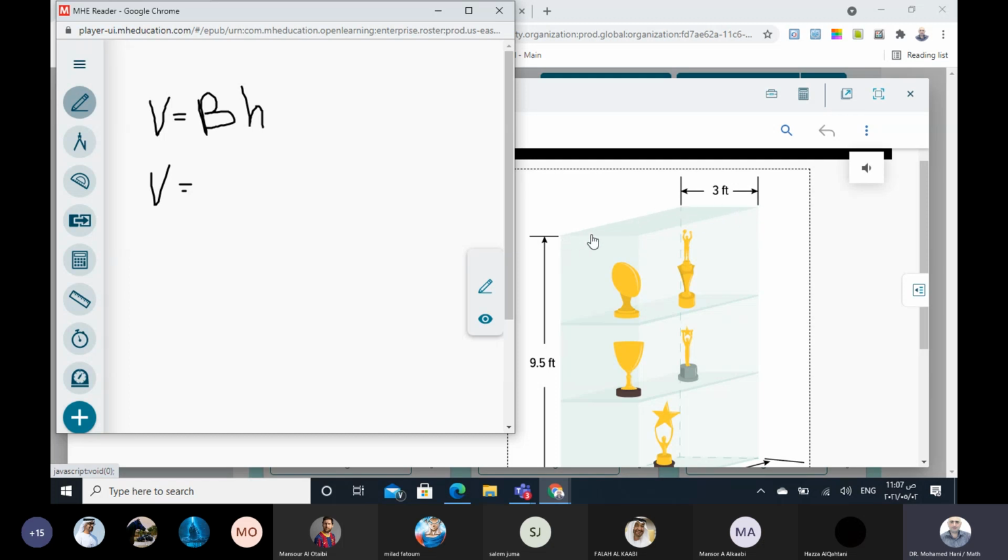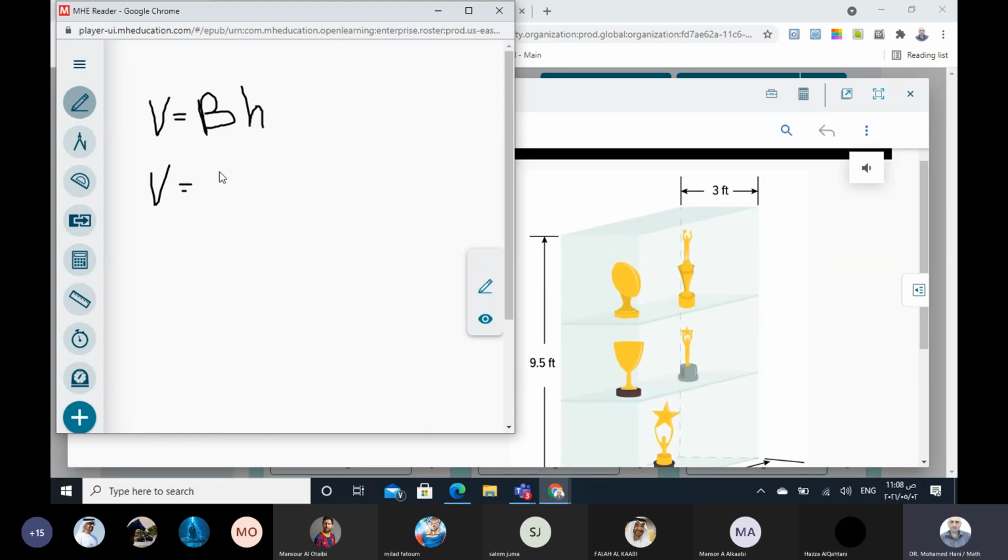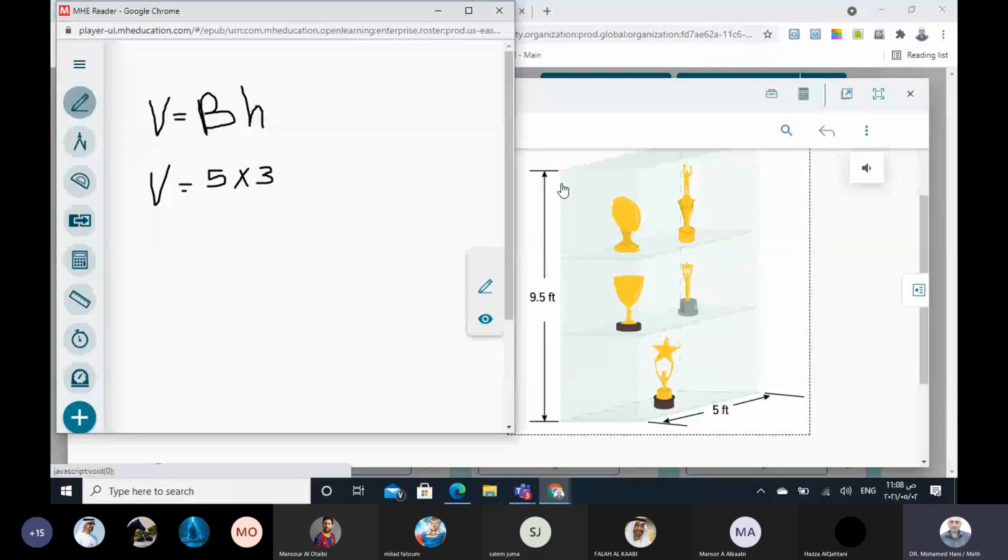Length times width. What is the length? As you see, the length will be 5. So we can write 5 times the width, which will be 3. And what is the height? The height will be 9.5.